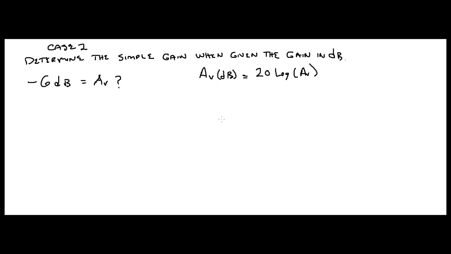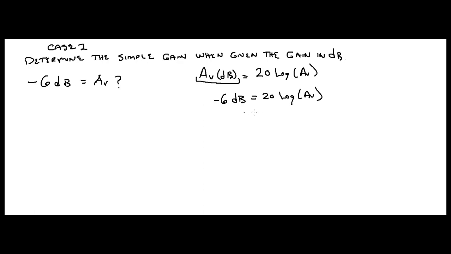And your AV here is simple gain, right? So we are given this part right here, aren't we? This part we're given in this case. So let's replace it. Minus 6 dB equals 20 log your simple gain, AV, right?